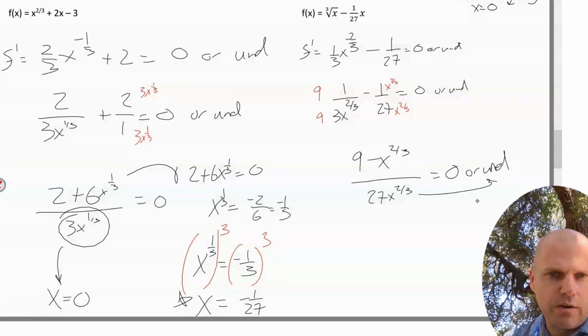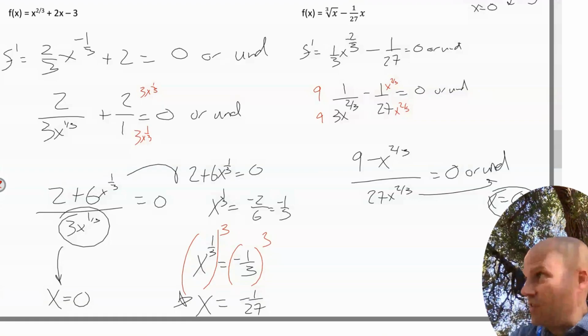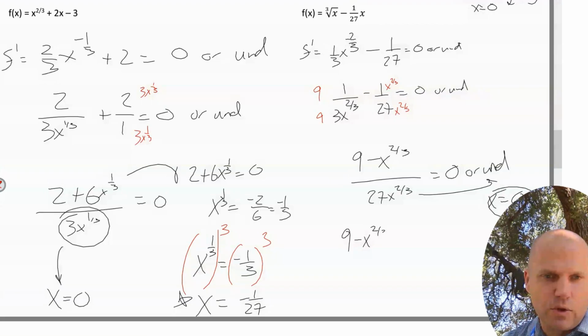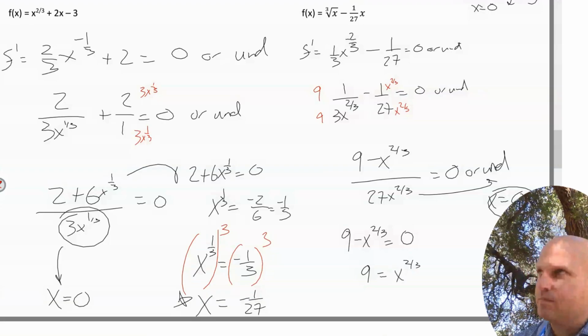When does this equal 0? x equals 0. Just so happens that this is working out this way. Now, when does 9 minus x to the 2/3 equal 0? I don't know. Now is an okay time to move stuff over.